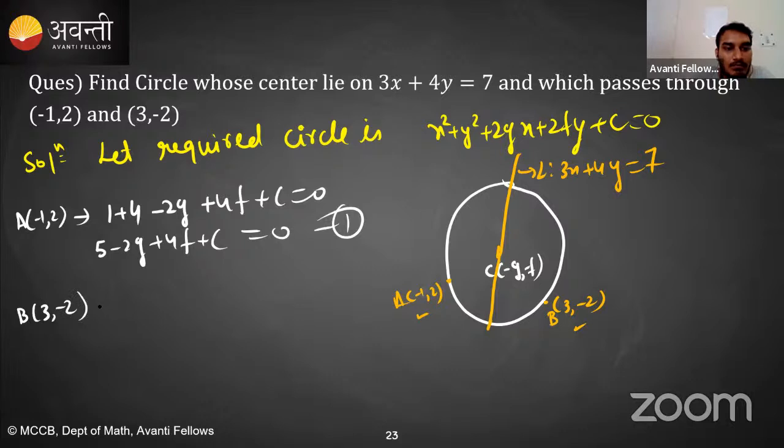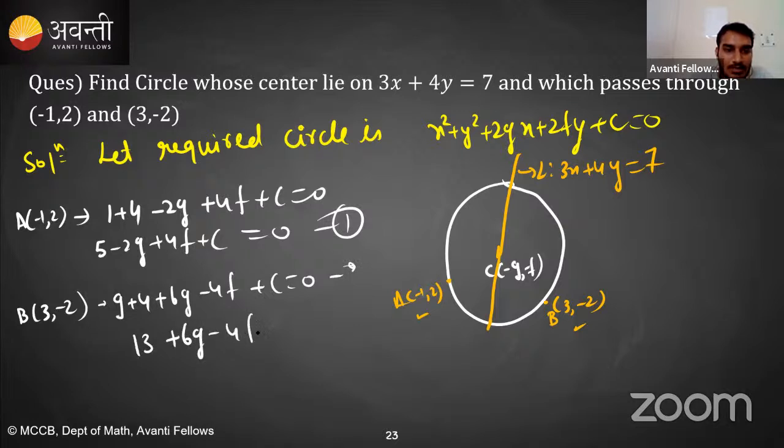Put point B in the equation. You will get 9 plus 4 plus 6g minus 4f plus c is equal to 0. Right? So simplify it a little. 13 plus 6g minus 4f plus c is equal to 0. This is equation 2.